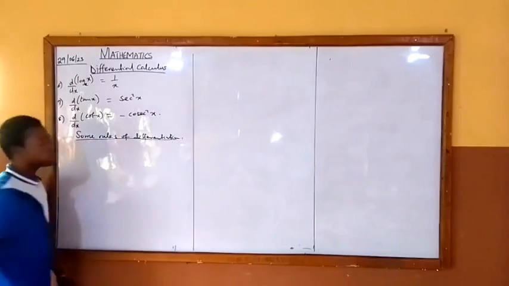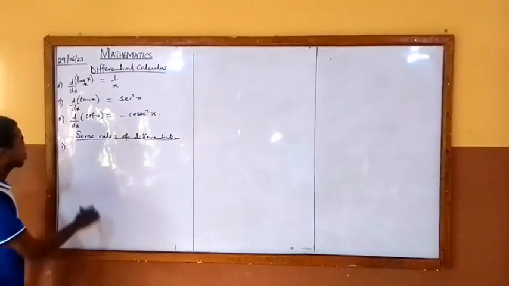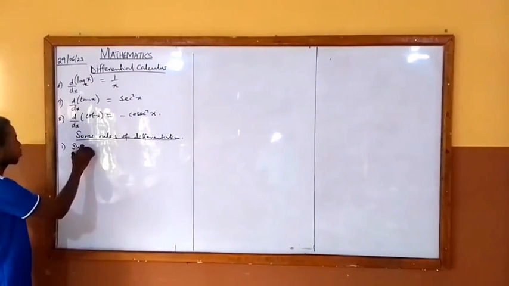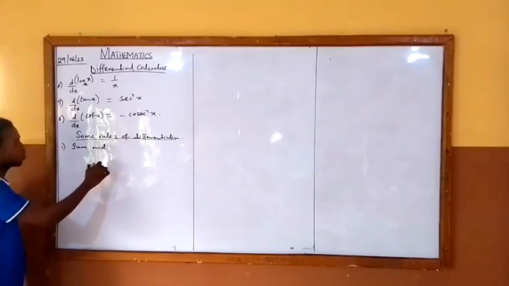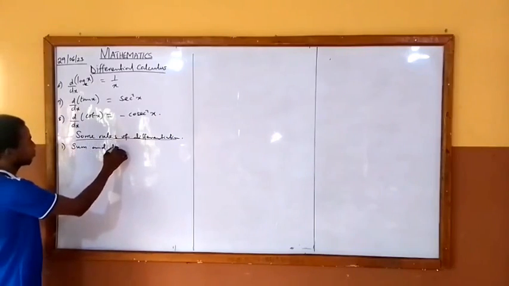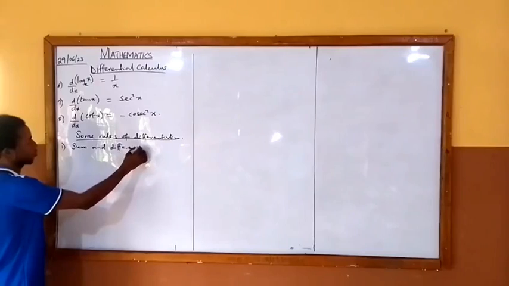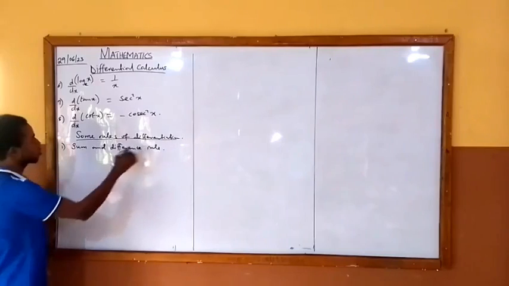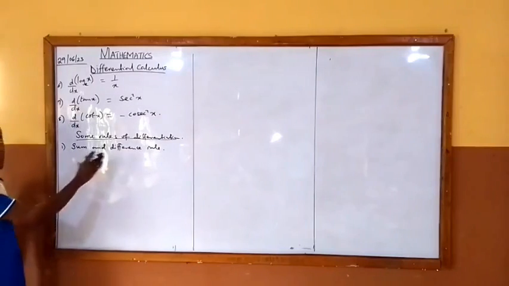Some rules of differentiation. So the number one rule of differentiation that we need to know is the sum and difference rule. From the word sum and difference, it's just addition and subtraction.